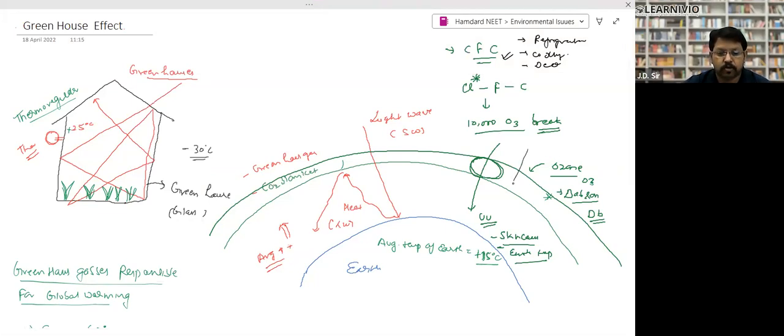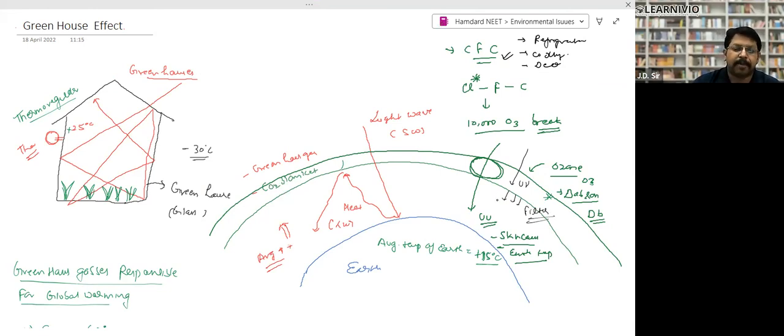The harmful UV rays are filtered over here. The function of ozone is to filter the UV rays. So this is a filter. It absorbs the harmful ultraviolet rays, and only the good ones can come to the earth, and they hardly affect us.